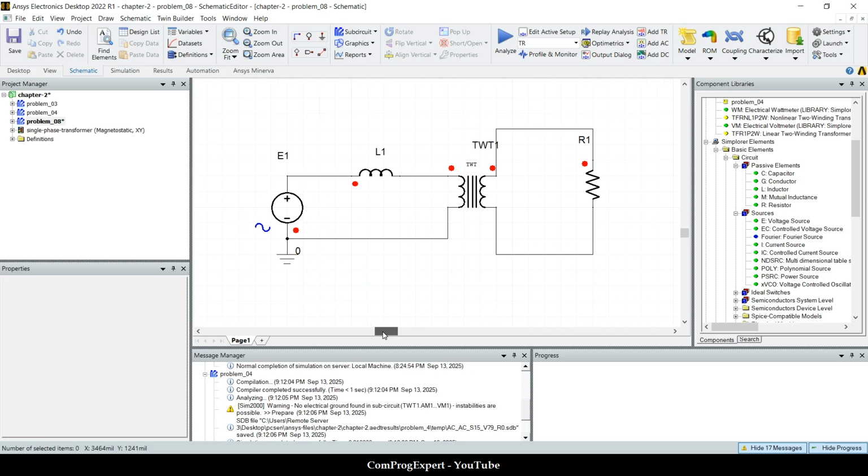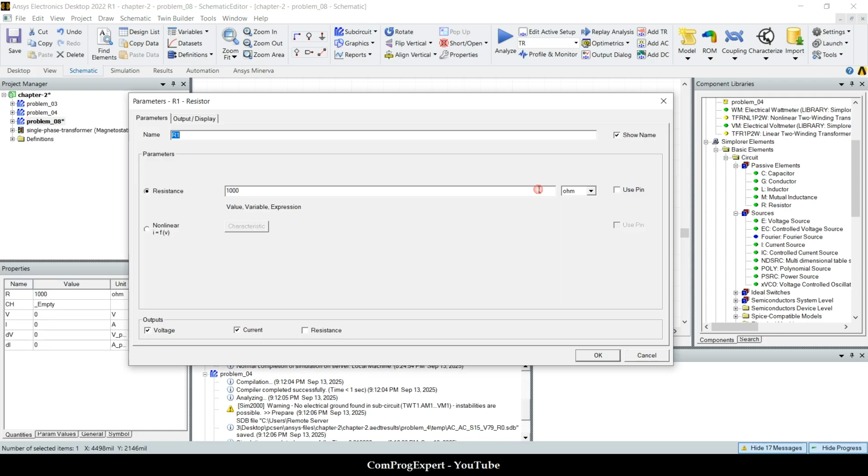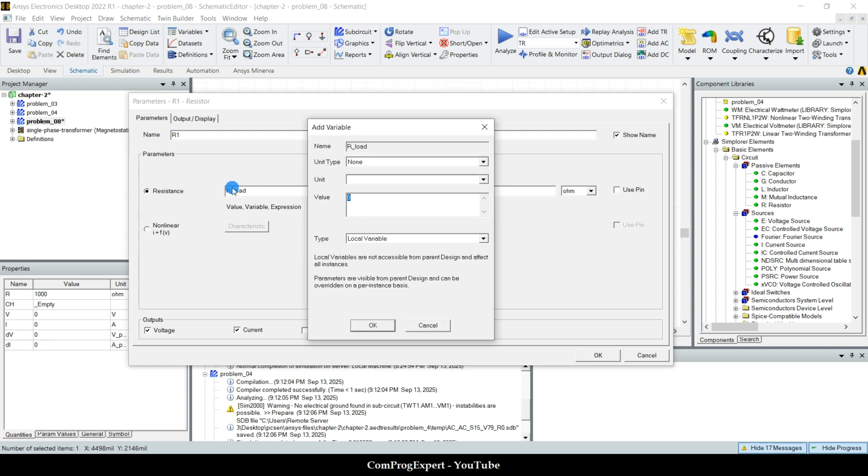Here we can define a parameter. This is R, our load, the resistance of the load. Press enter. What is the value? Let's consider it equal to 1 ohm.